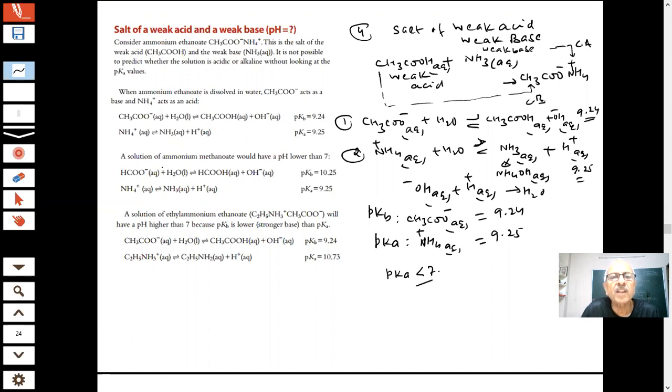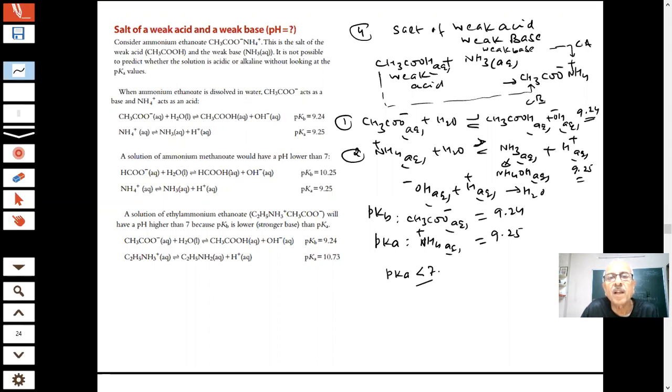And if I change here, so predict the resolution as well without looking at the pK values. We have to see whether the pH will be more or less than 7. According to that only we can predict.